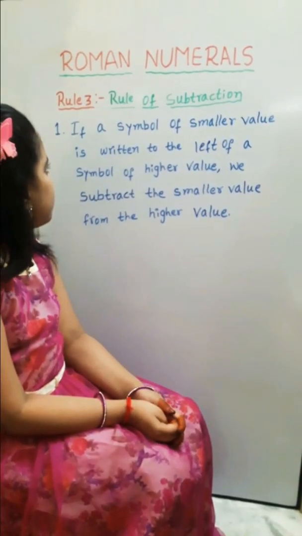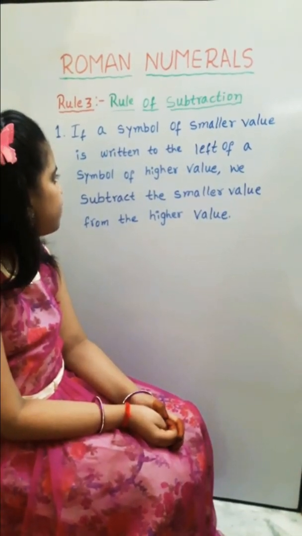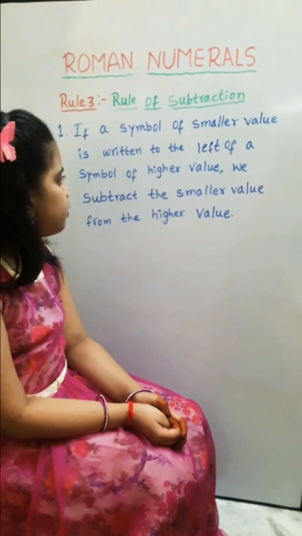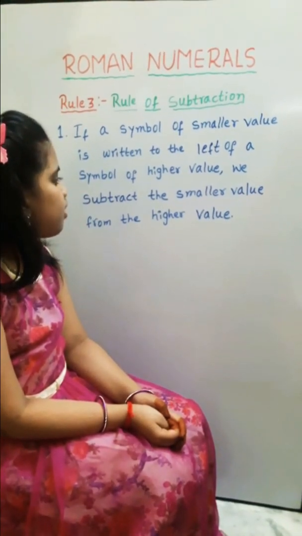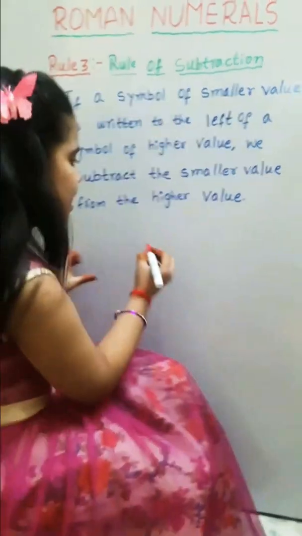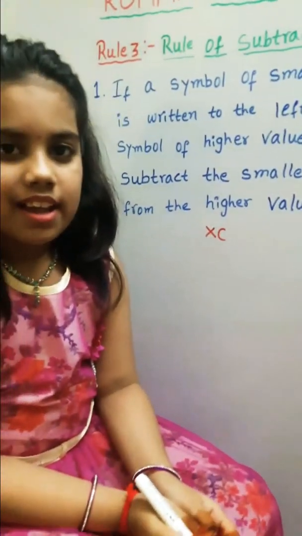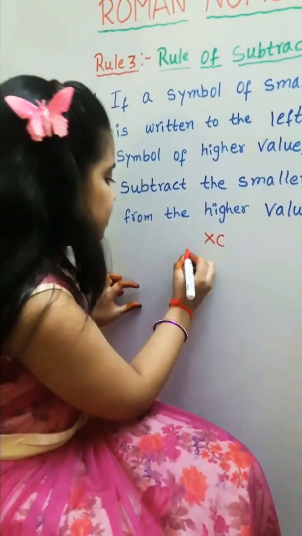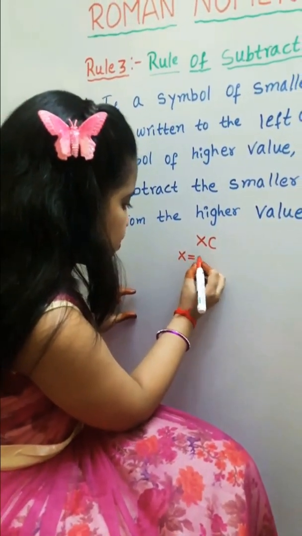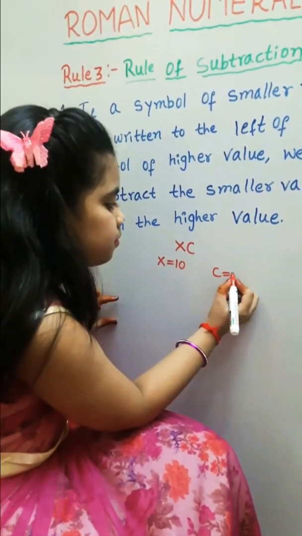Rule 3, rule of subtraction. First one, if a symbol of smaller value is written to the left of a symbol of higher value, we subtract the smaller value from the higher value. For example, XC. X value is 10. C value is 100.